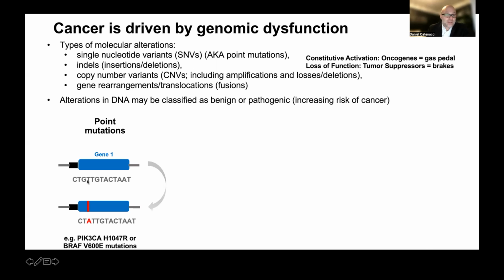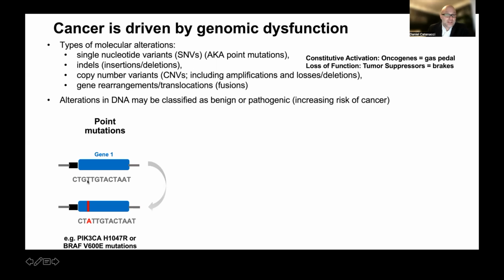Point mutations can lead to either overactivation of oncogenes or loss of function of tumor suppressors. An example shown here is an overactivation of an oncogene called BRAF, with a change of a valine amino acid at the 600th position of the protein to a glutamate amino acid. And this change overactivates this oncogene, inappropriately always on, always telling the cell to grow.